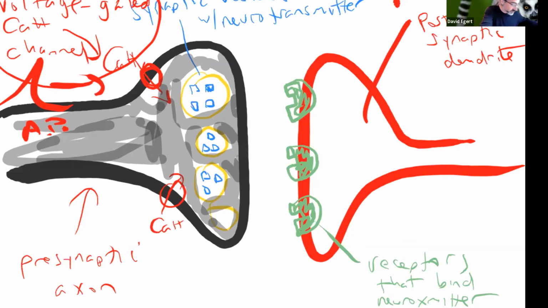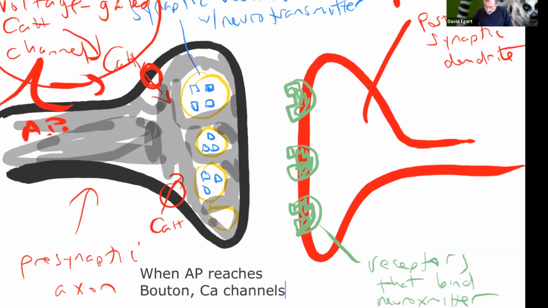So maybe I'll write it out specifically using my typing tool. And this triggers the exocytosis of the neurotransmitter.